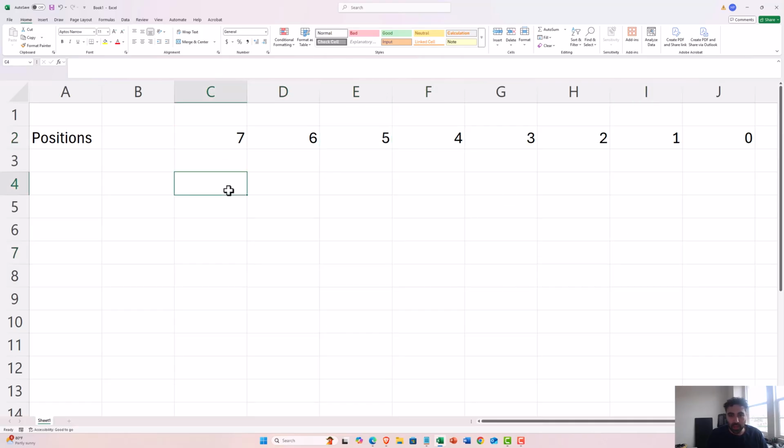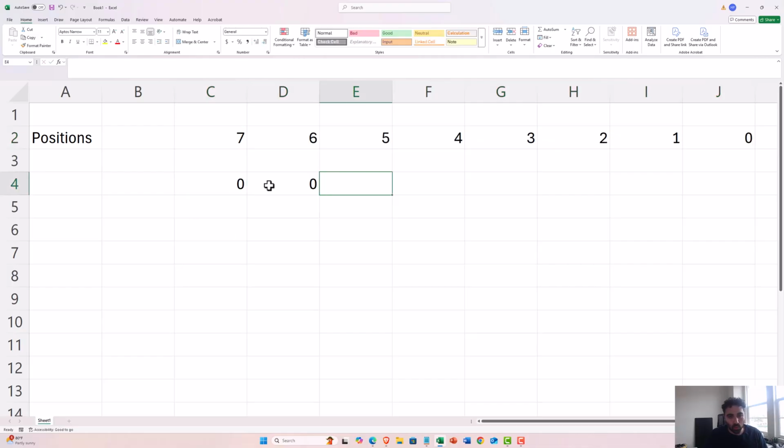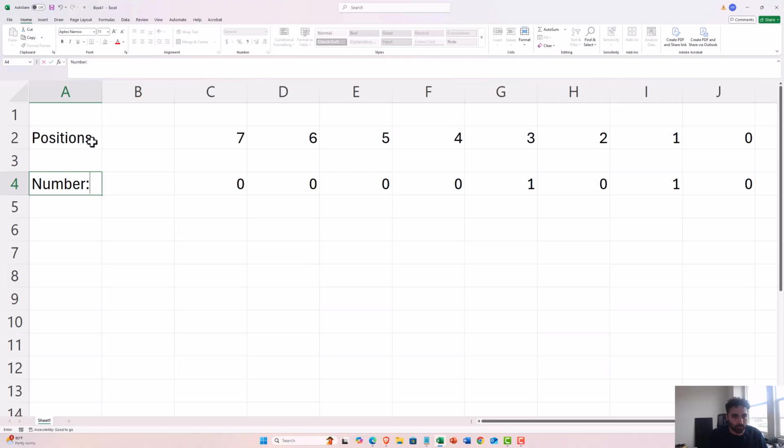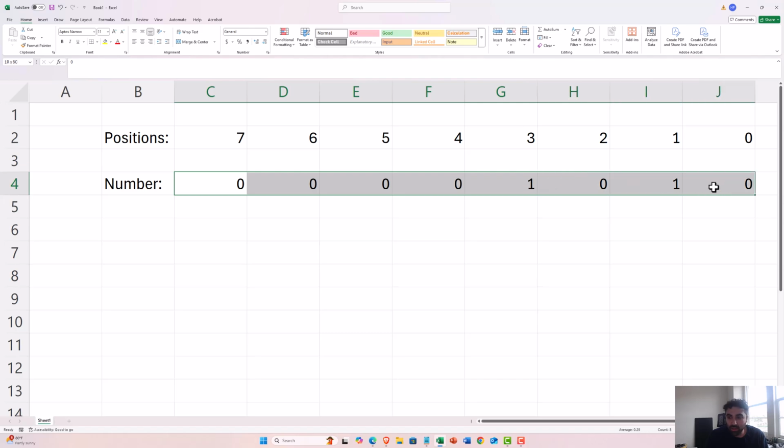Now in these 8 positions, a 0 or a 1 can occupy that position. Whenever a number occupies a specific position, it changes the number, right?